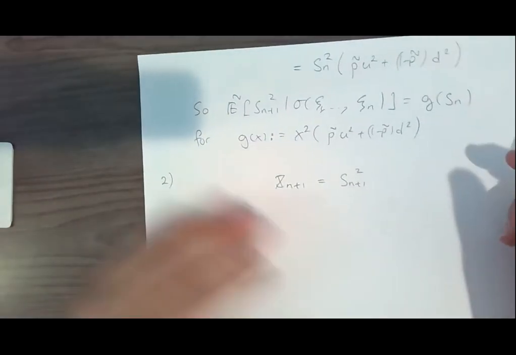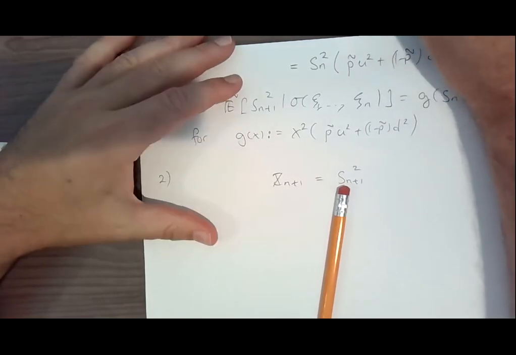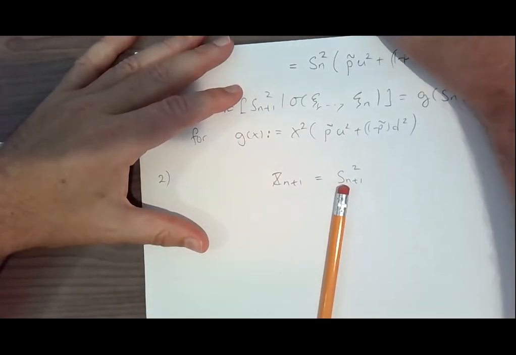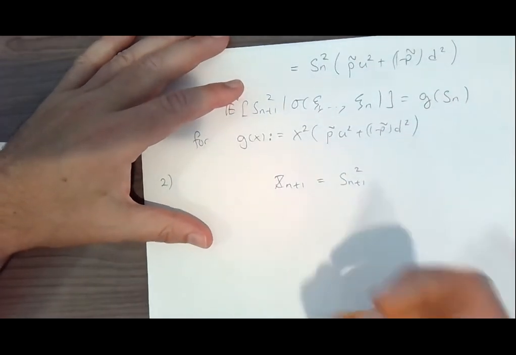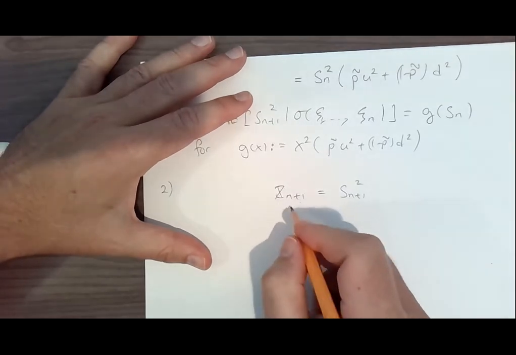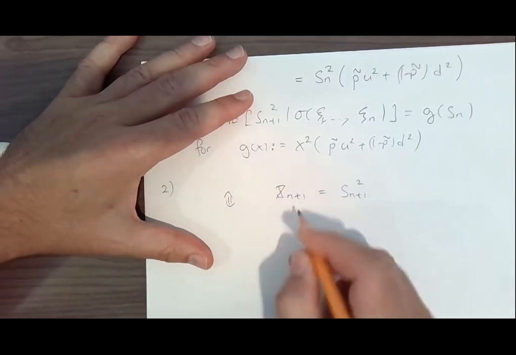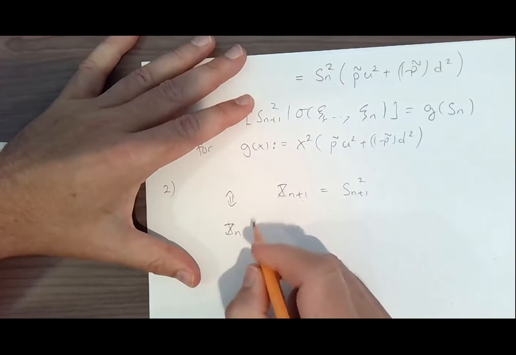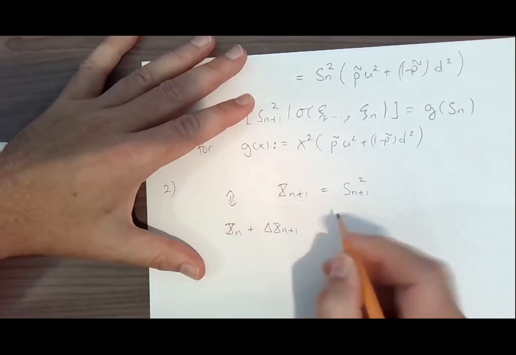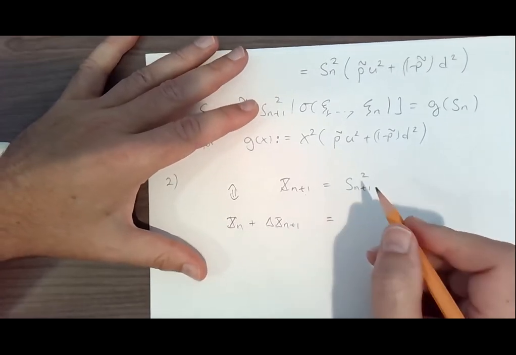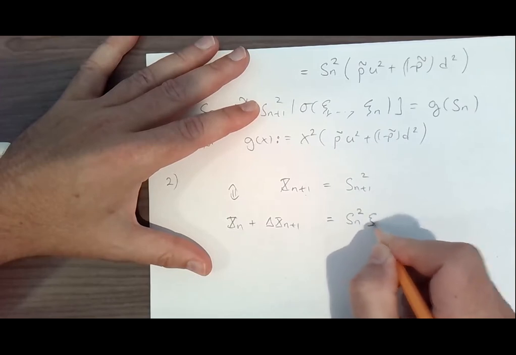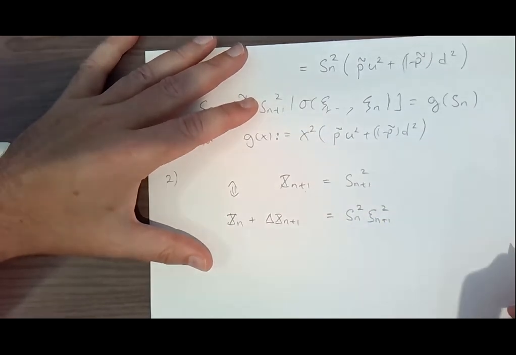Let's try to work that out. How are we going to do it? Well, we'll proceed according to the same thing that we just did. On the left-hand side, I'll write this as x_n plus delta x_{n+1}. But this is the same thing as S_n squared psi_{n+1} squared.